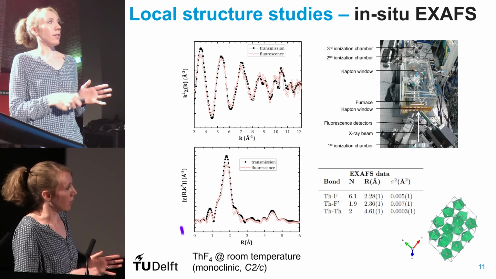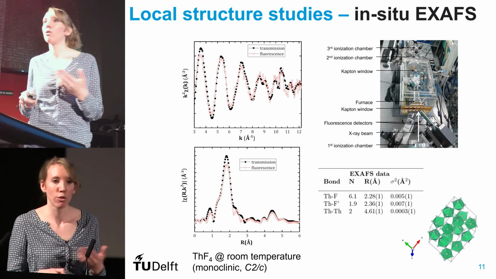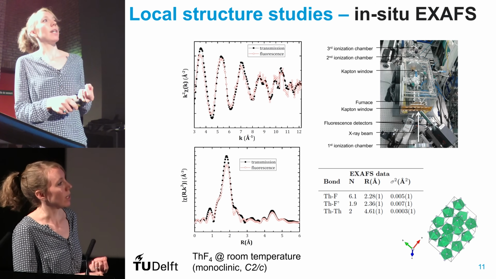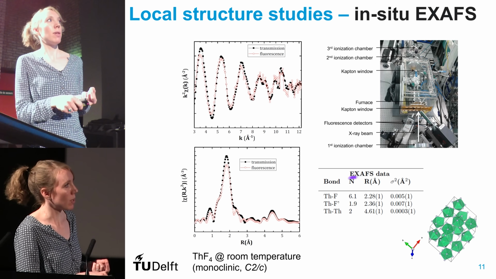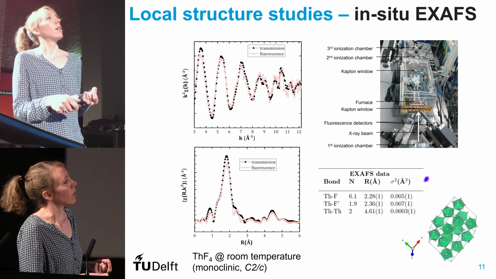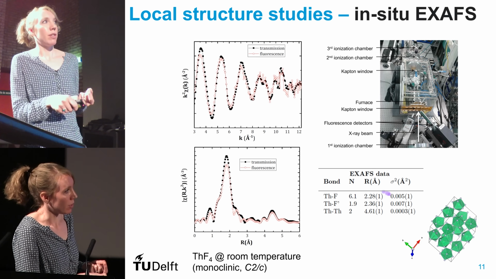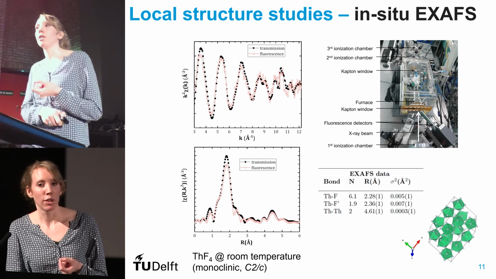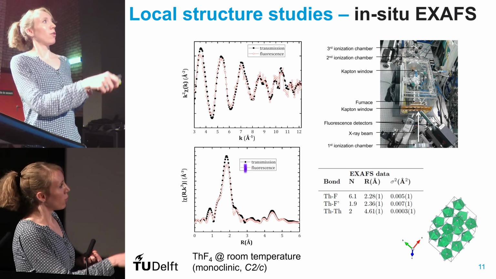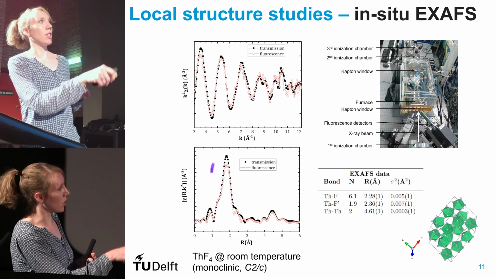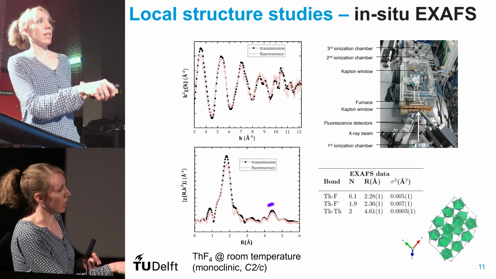And with this data, we get information on the local structure, especially on the distance between the thorium and the fluorine. So you see here our results, here the distances. And because this is a solid, you see a first fluorine coordination shell here, and here is a thorium.